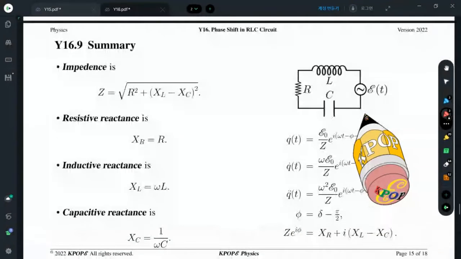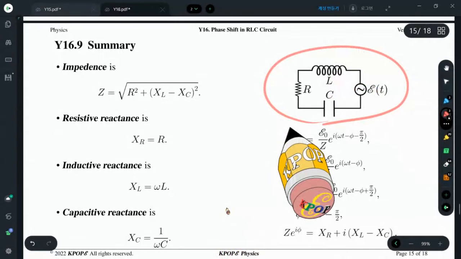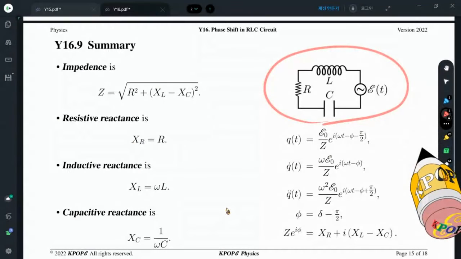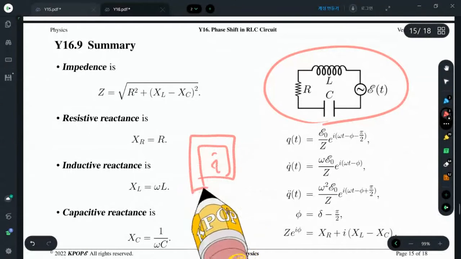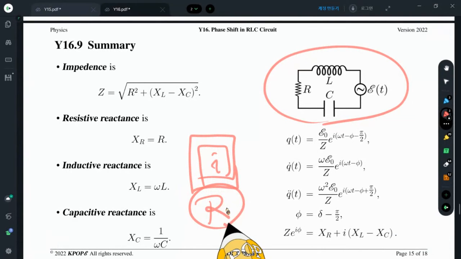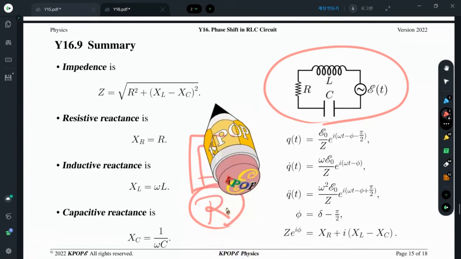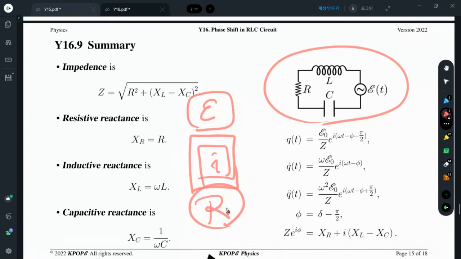As a summary, when we compute something regarding the RLC circuit, it is convenient to describe the system in terms of current. The reference point is current, and resistance is a real number, and Ri becomes a potential that has the real part.